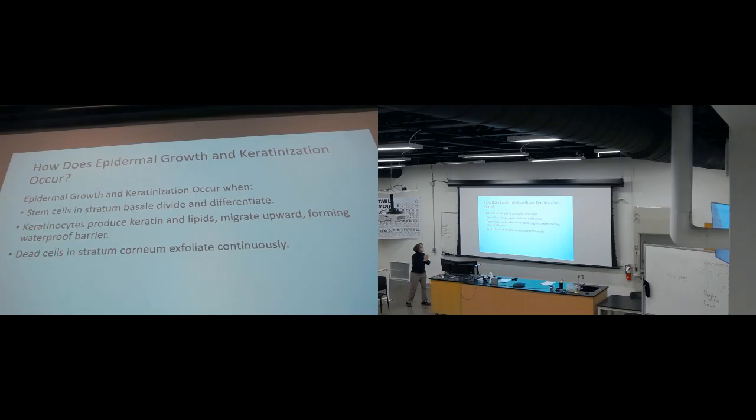Okay, now let's look at epidermal growth and keratinization. So we have these different layers of the skin, of the epidermis. But the most internal layer, which is the stratum basale, is the one that has these stem cells, the keratinocyte stem cells, which are the most abundant type.